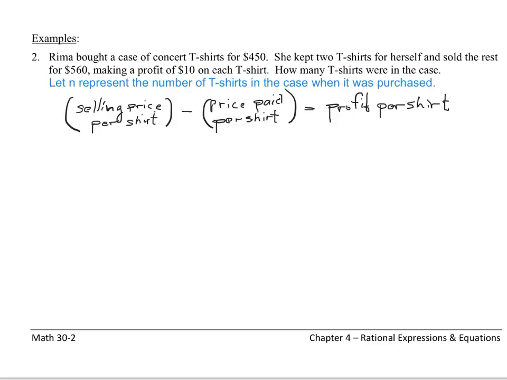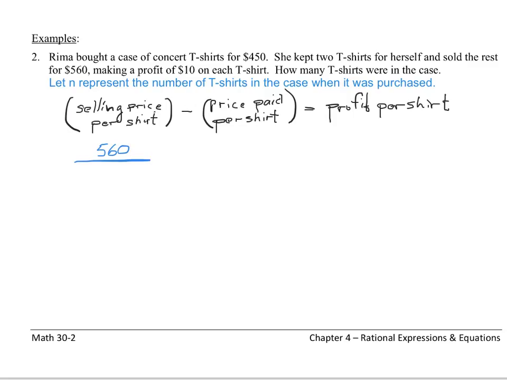So, the selling price per shirt, we know that the overall selling price was $560. But if we want it per shirt, we need to divide by the number of shirts that were sold.